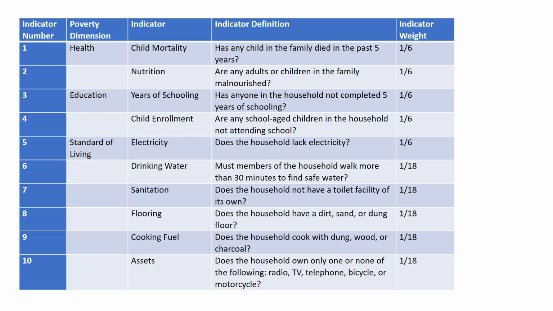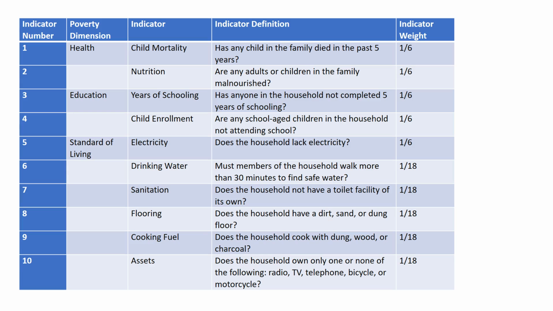So 5 years has now been determined to be the appropriate cutoff for minimum education. Now this last column is the amount of weight that we put on each of these indicators. The first 5 have a 1/6 weight, and the remaining 5 have a 1/18 weight. Interesting. So we decide that each of the last 5 is not worth as much as the top 5.